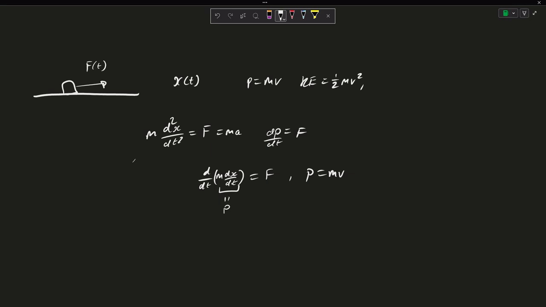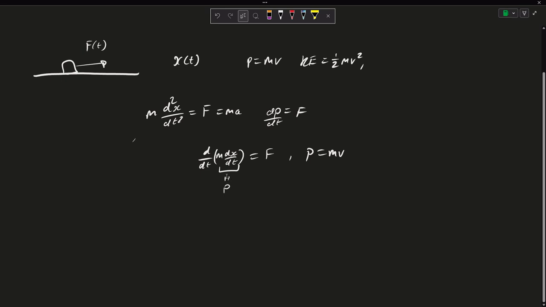Specifically, this works for conservative systems, i.e. where the closed line integral of work is independent of the path taken, i.e. if we have a closed loop integral of F dot dl, this is defined by work, then this is 0 for conservative systems. Okay, good.